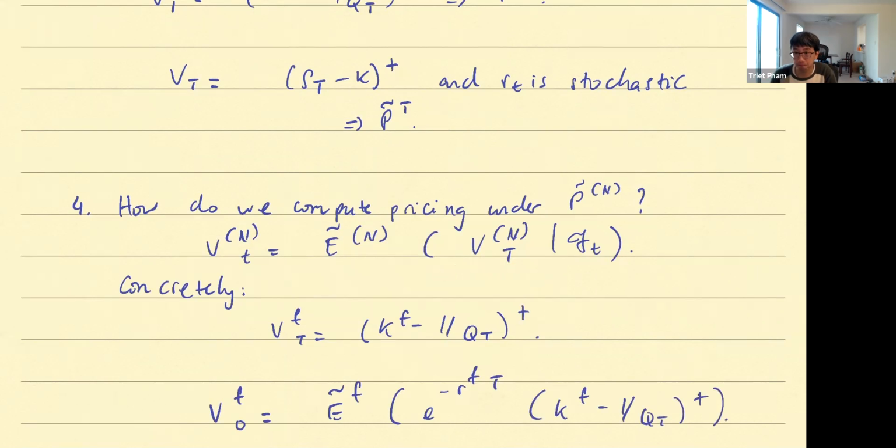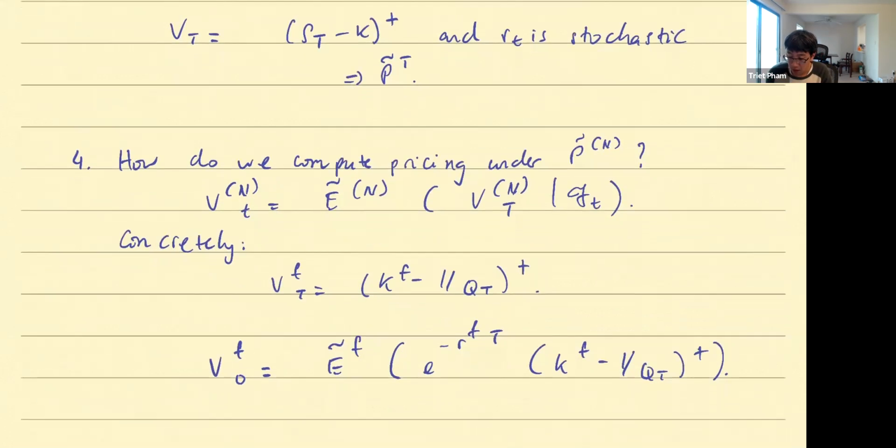Like that. All right. So in other words, I just have to use a foreign risk neutral probability. I have to discount under the foreign rate, but then I have that.